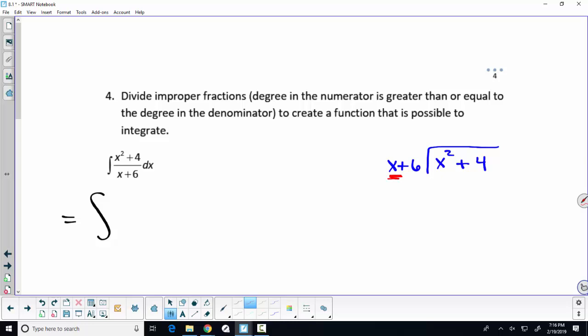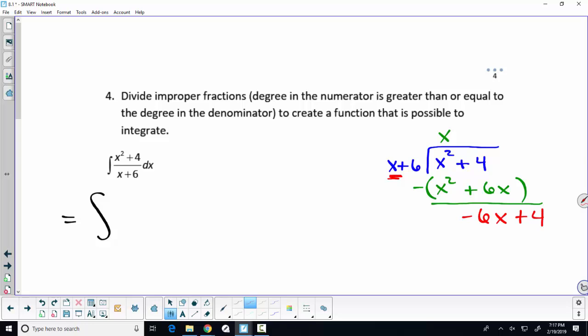X goes into x squared how many times? When we multiply, x times x is x squared. X times 6 is 6x. And then we subtract that quantity. We have x squared minus x squared, 0, 4 minus 6x. Start over, x goes into negative 6x how many times?